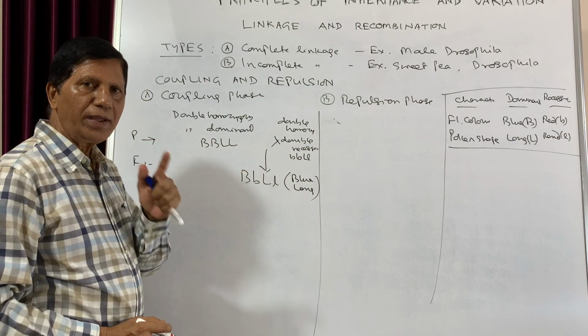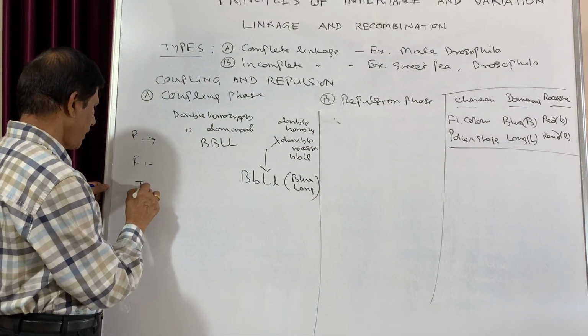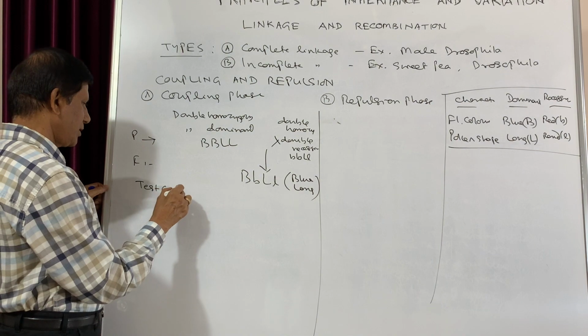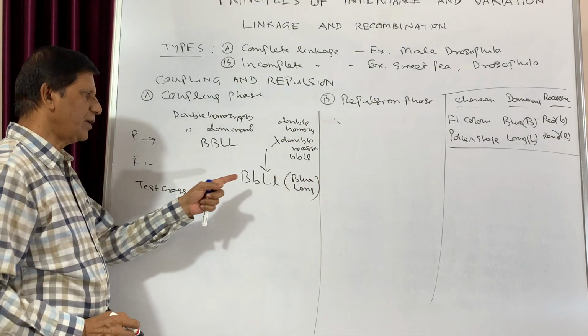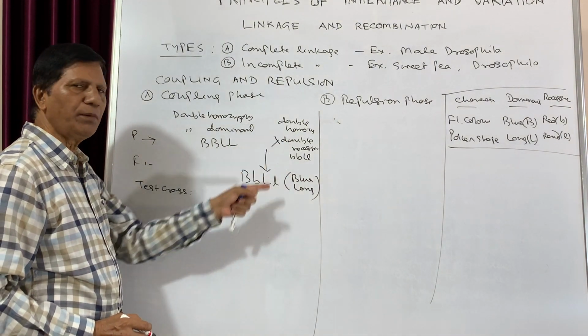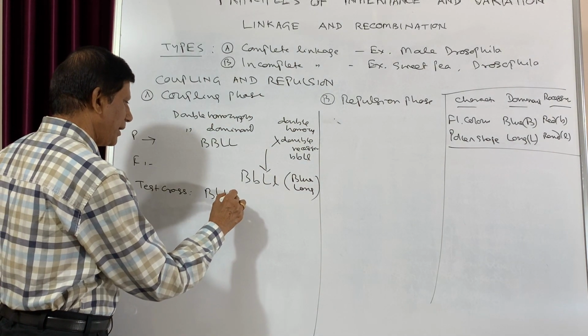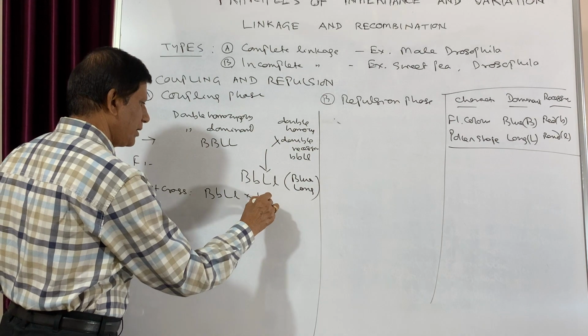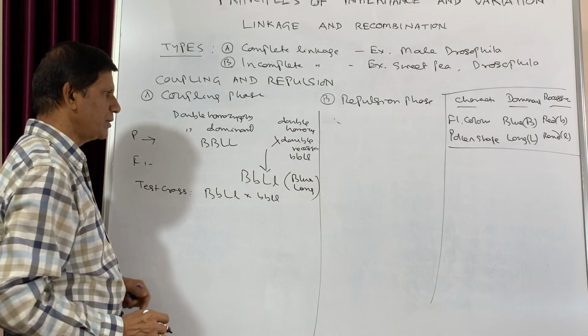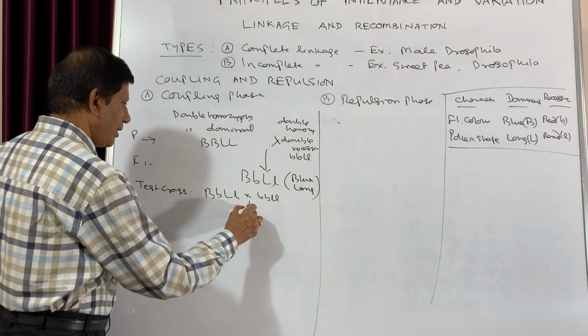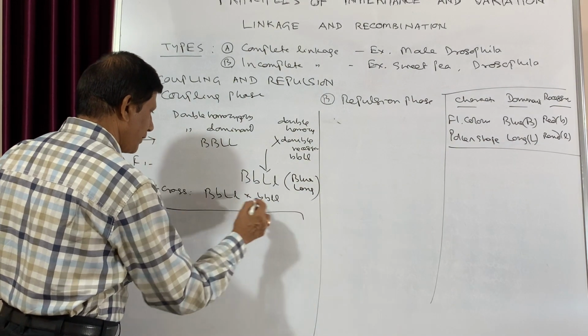Now if we make a test cross, the test cross is usually made with the F1 hybrid and the double recessive. So the F1 hybrid, capital B, small b, capital L, small l, is crossed with the double homozygous, double recessive. What happens?